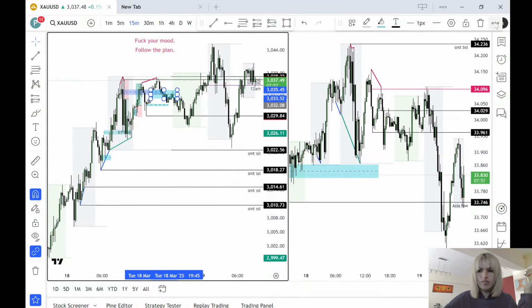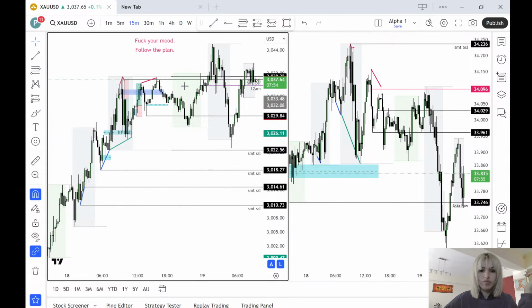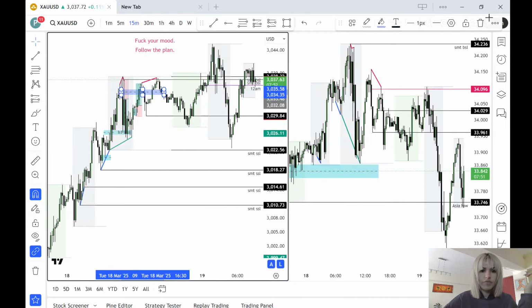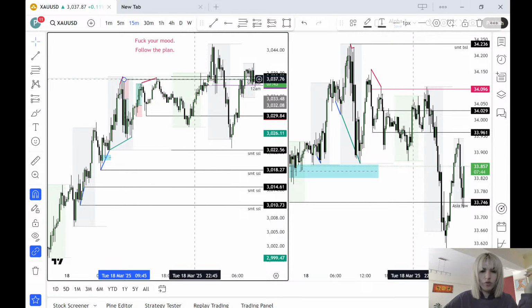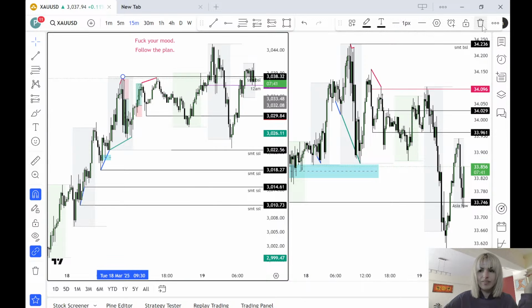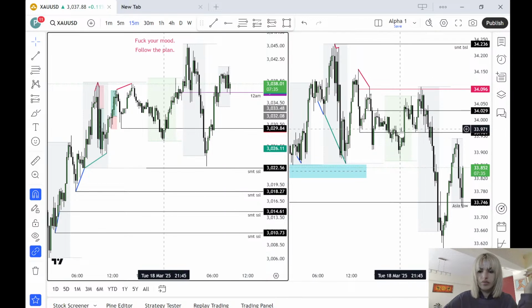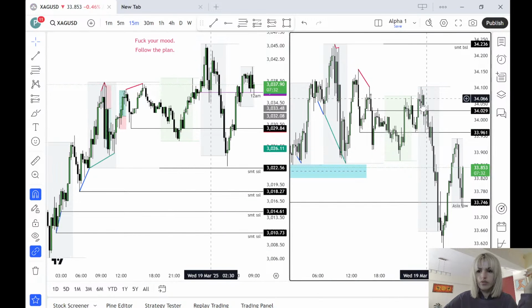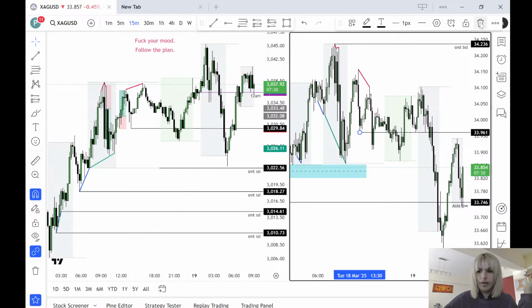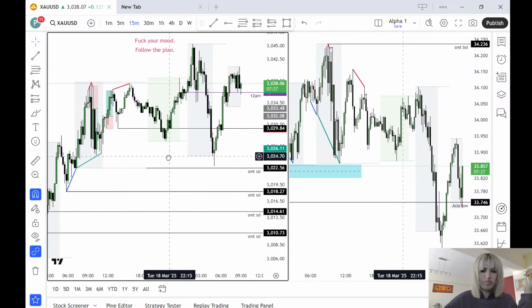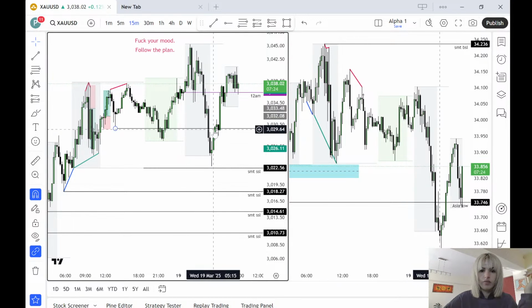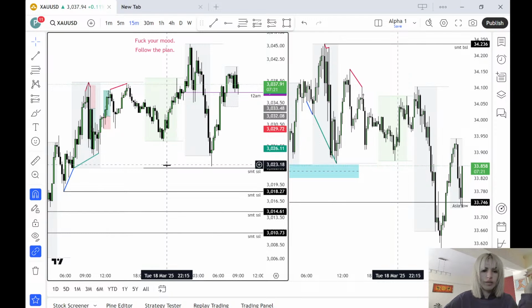Some of the stuff that I'm removing from here might still be relevant, but I'm sure that if there is going to be an area that might still be relevant for today, in the meantime, price did form other PD arrays around the same areas that we're going to be able to use as fresh PD arrays. Because you guys know that I don't really like to use too old PD arrays that were already tapped, visited, whatever. So I'm just going to remove all the drawings from yesterday's live stream.